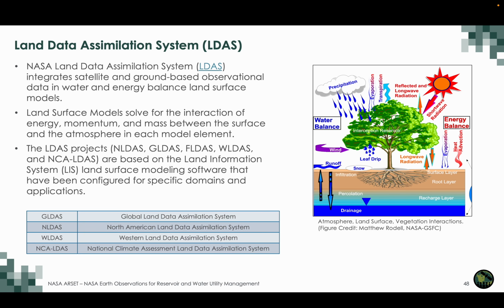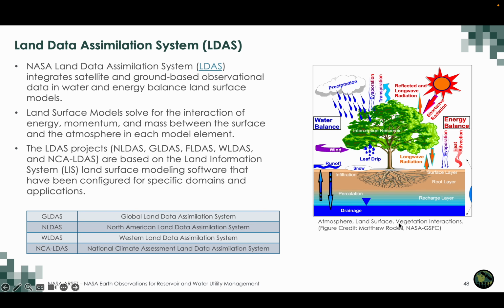Just briefly talking about the model itself, LDAS systems integrate satellite and ground-based observational data in water and energy balance land surface models. And as the figure shows here, land surface models solve for the interaction of mass, momentum, and energy between surface and atmosphere for each model element.